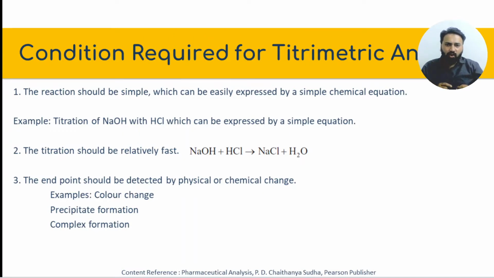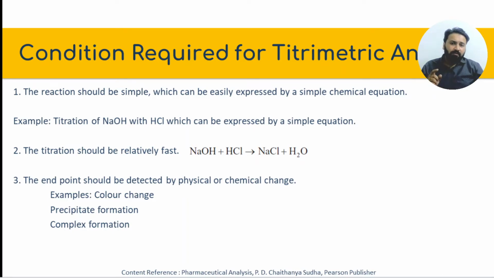Just like the titration of sodium hydroxide with hydrochloric acid, which can be expressed by a very simple equation: NaOH plus HCl gives NaCl and H2O. So always the reaction must be very simple. The second is the titration should be relatively fast. It should not be slow, it should be very fast.